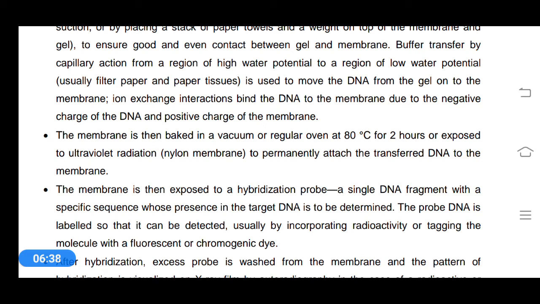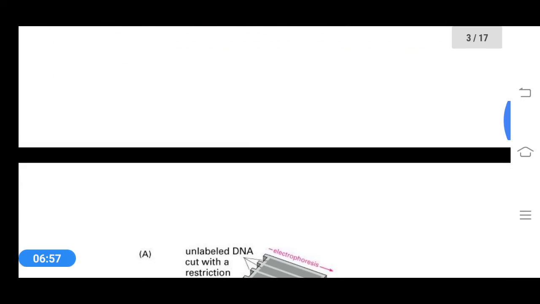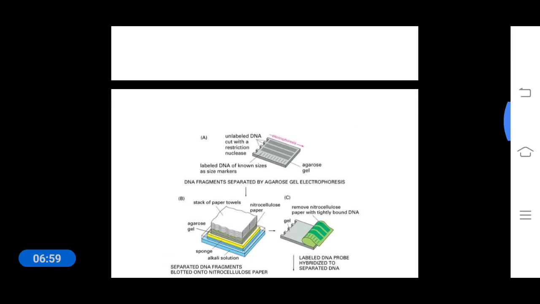After the hybridization process, the excess probe is washed away with the help of washing buffer, and we expose the hybridized DNA along with the probe to the X-ray film for autoradiography. This is how we carry out southern blotting. You can see the diagram.